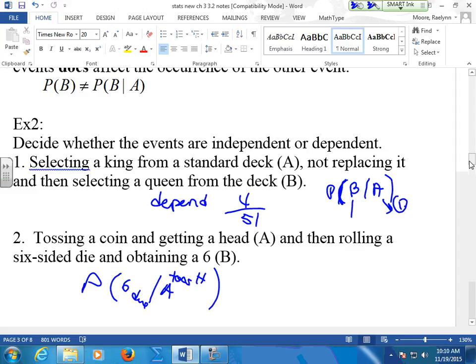Whether I roll a heads or a tails, what is my probability of getting a 6? 1 out of 6. What is my probability of getting a 6 if I get a tails? Same thing. So regardless of what I toss, my roll is still 1 out of 6. This is an independent event. It's important that you can tell the difference.